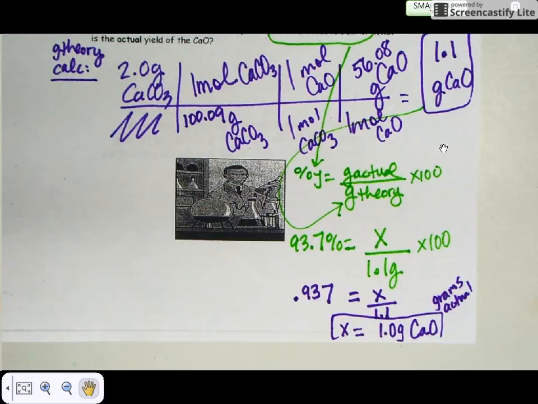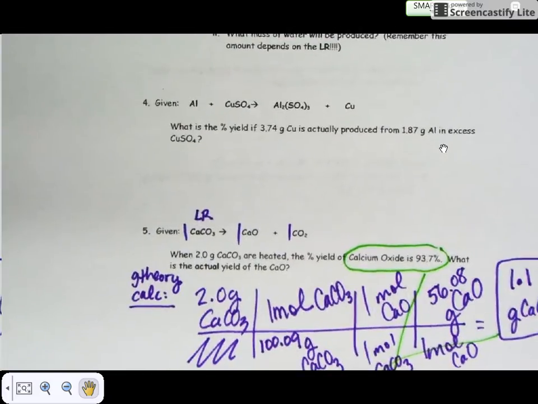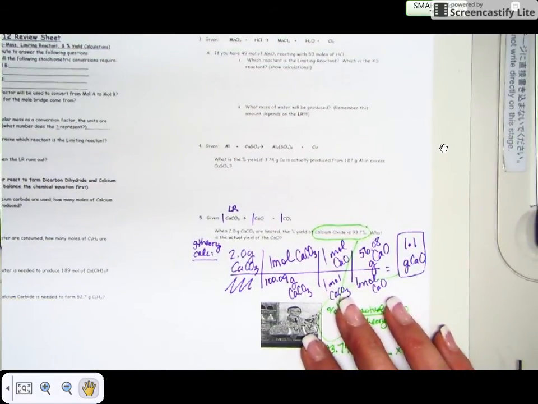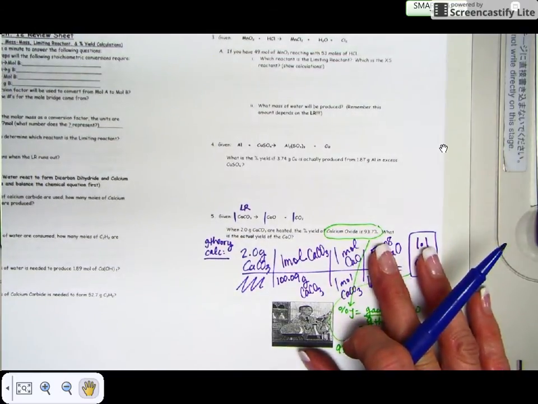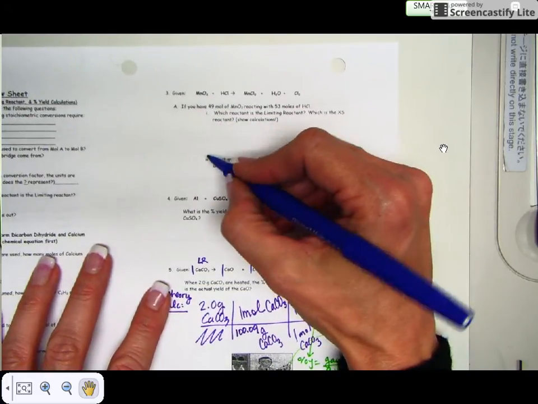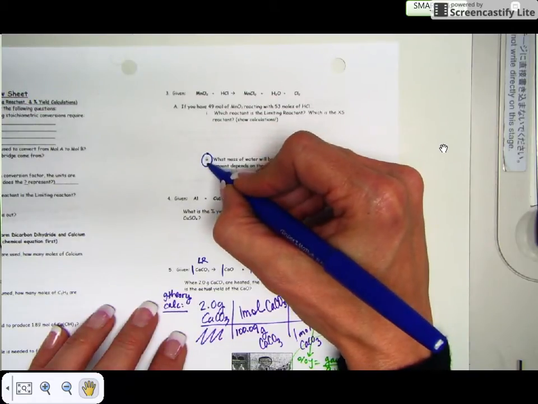All right, so your homework for tonight was to finish this worksheet here, the Chapter 12 review sheet. Our chapter test is going to be on Friday, and it will be set up very similar to these problems. So we've already done all of number 1 and 2, and we've done number 3, part 1. So for tonight, you're finishing up 3, part 2.